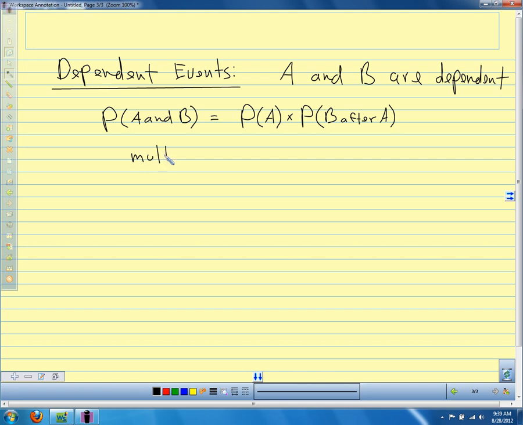So we still multiply. Our second probability is after the first thing happens. We have to calculate the second probability after the first event.